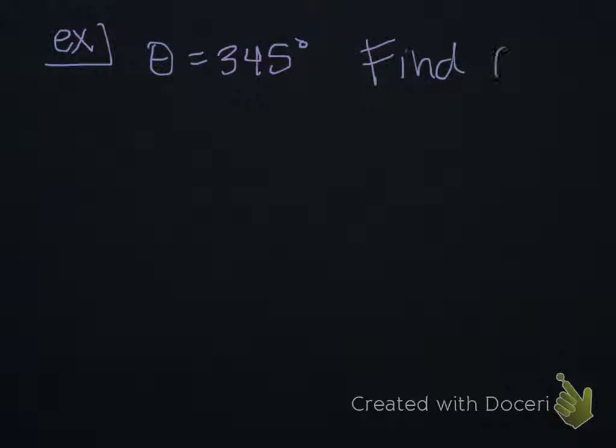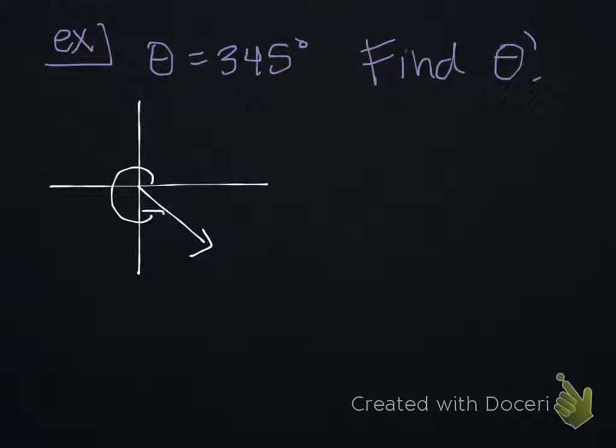So for our first example, our theta is 345 degrees, and they want you to find the reference angle. The easiest way I think to go about this is to graph it. So 345 would be somewhere in quadrant 4. If this is 345 degrees and this is 360, remember your reference angle is the distance between the terminal side and the x-axis.